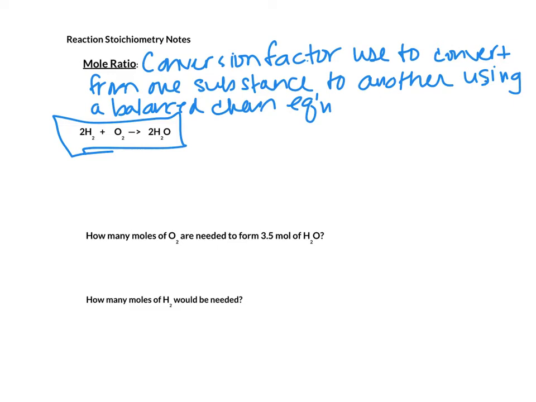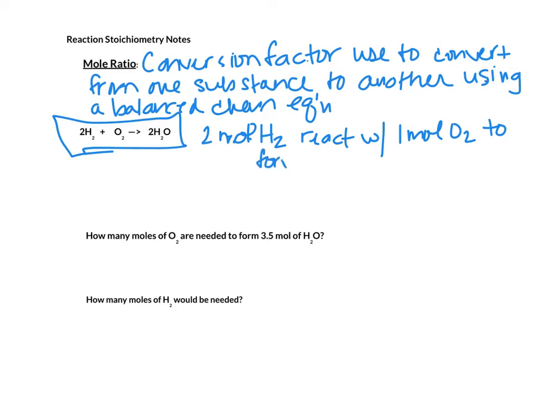Then I can replace this idea of molecules with the mole. So this is really telling me that 2 moles of hydrogen is going to react with 1 mole of oxygen to form 2 moles of water.